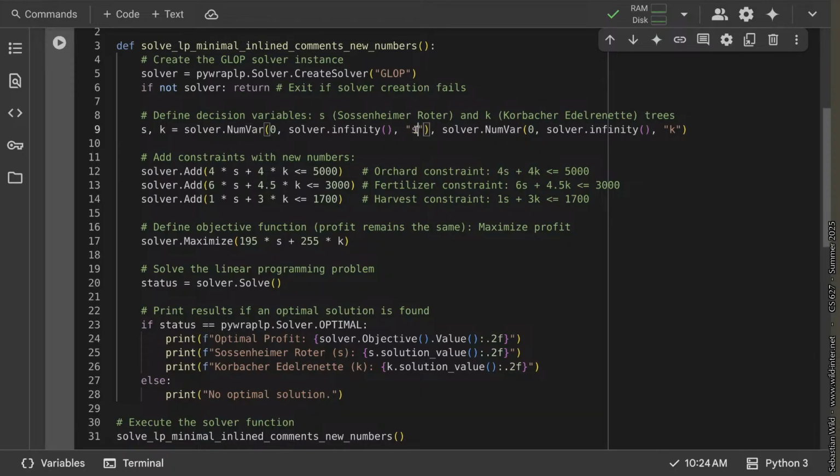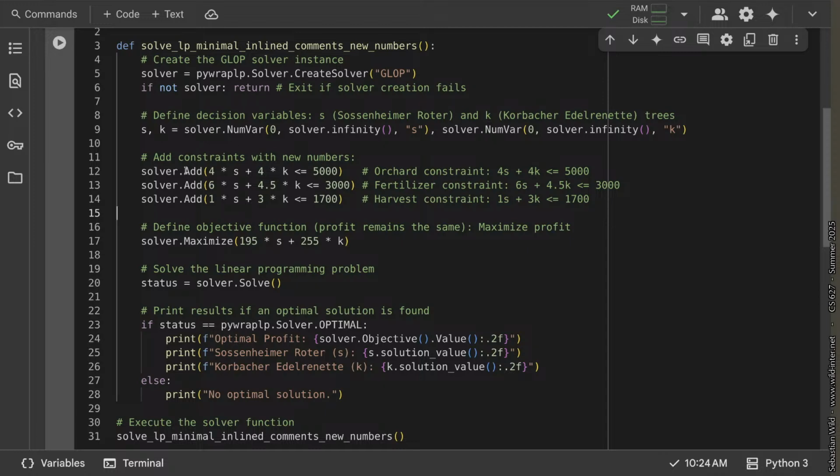You tell it the variables, S and K, and you can give them a range. So here, that's encoding the non-negativity constraints. It's between 0 and plus infinity for both variables. Then you put in the constraints, and by the magic of Python, you can actually give these as expressions, and it'll take them apart again.